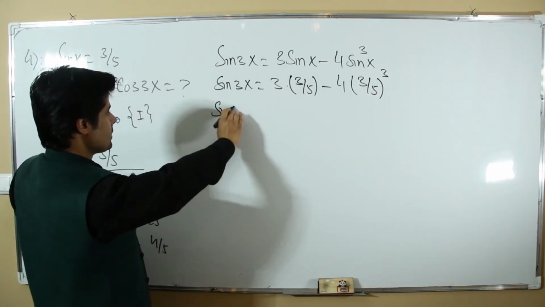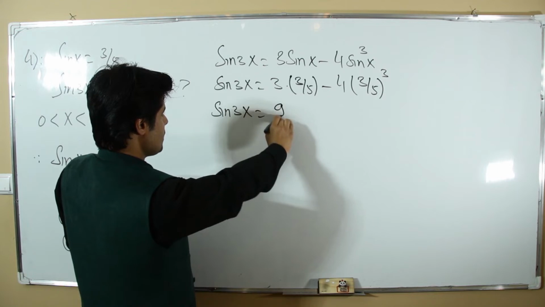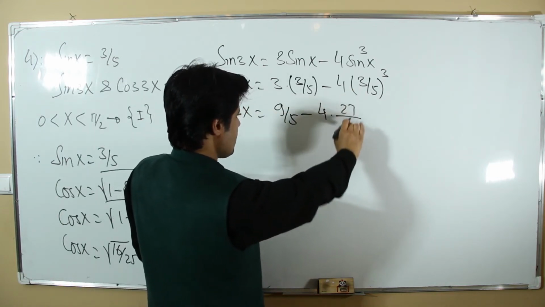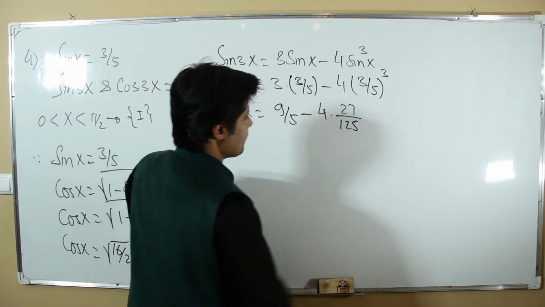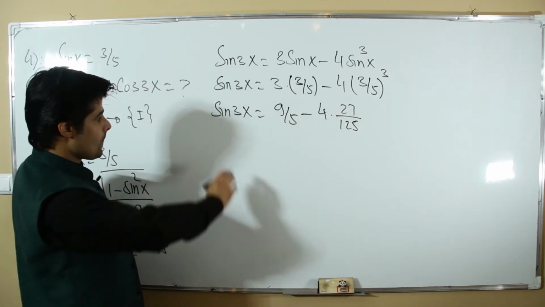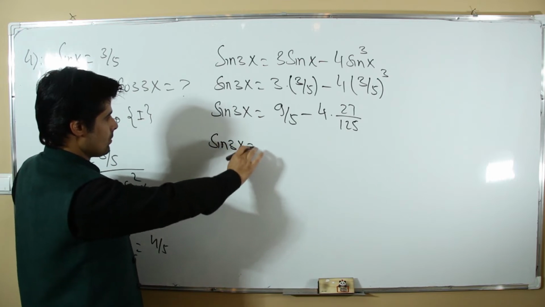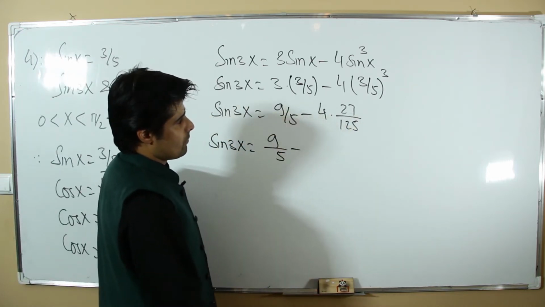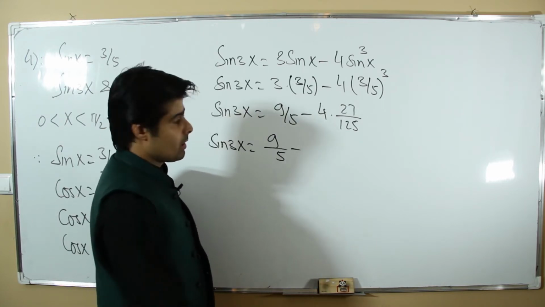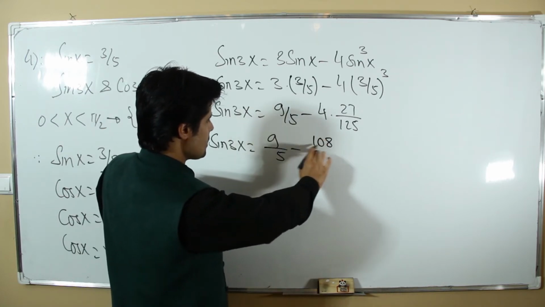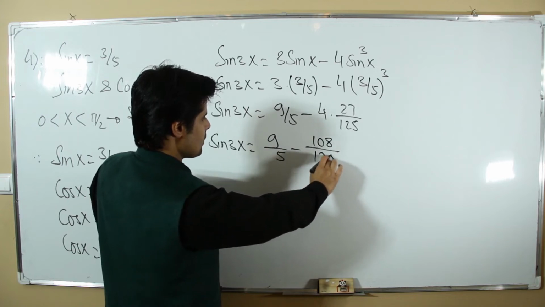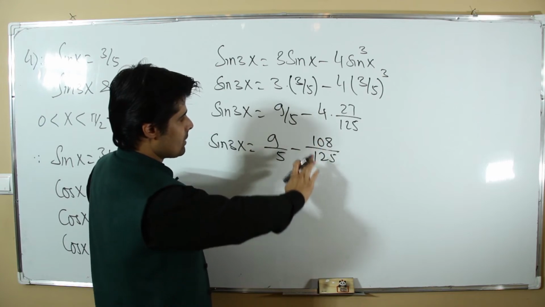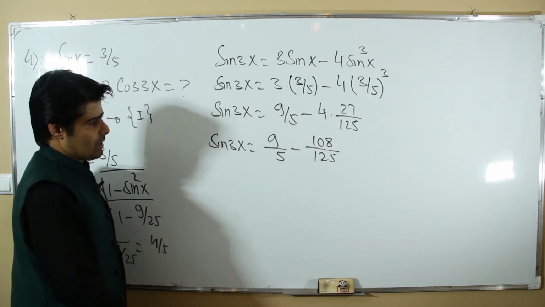Now sine 3x is 3 times 3, 9 by 5, minus 4, 3 squared is 27, 5 cubed is 125. Am I right? Yes. So sine 3x is 9 by 5 minus 4 times 27, which is 108, divided by 125.